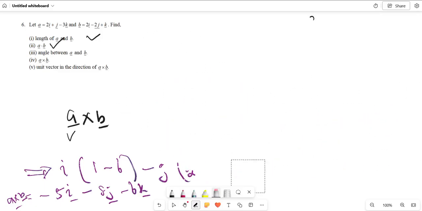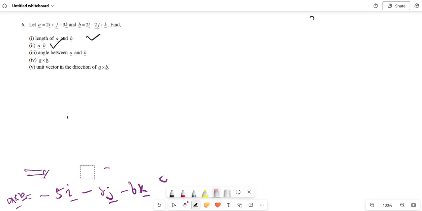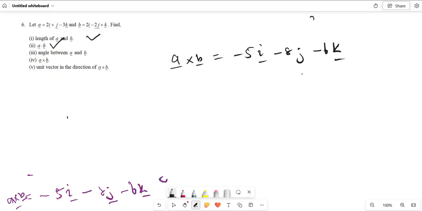A cross B, we are getting the answer as minus 5i minus 8j minus 6k. So this is the answer for this one.